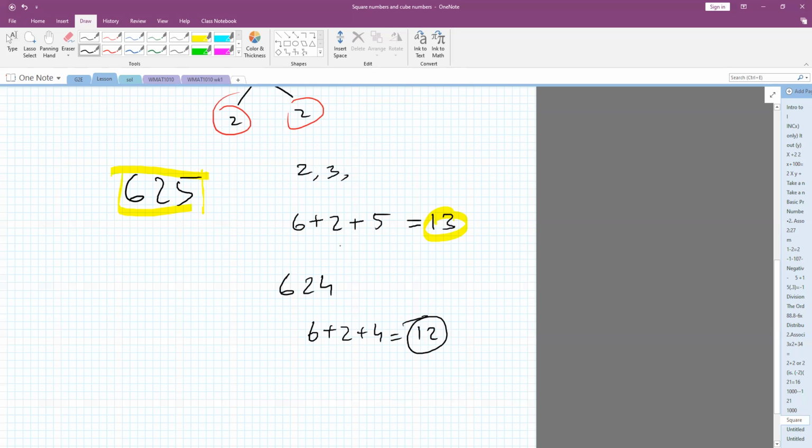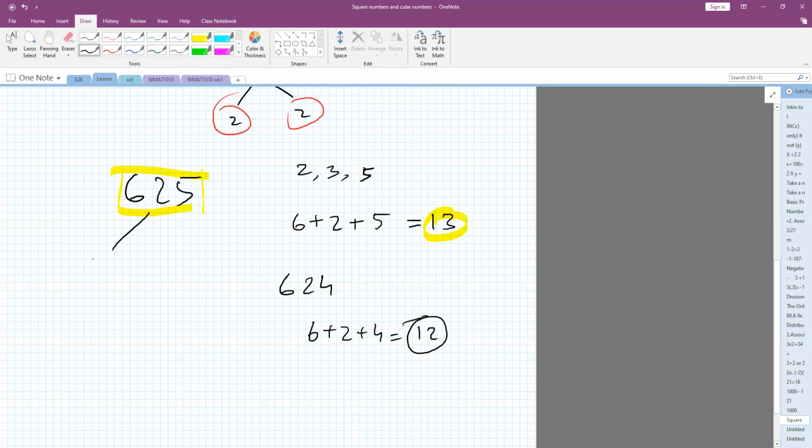If the total is divisible by 3, then the number can be divided by 3. Now you can't divide 625 by 3, so you move to the next prime number, which is 5. Can we divide 625 by 5? Yes.